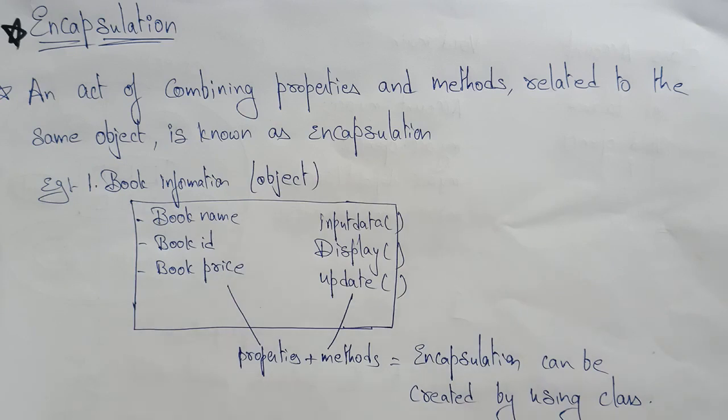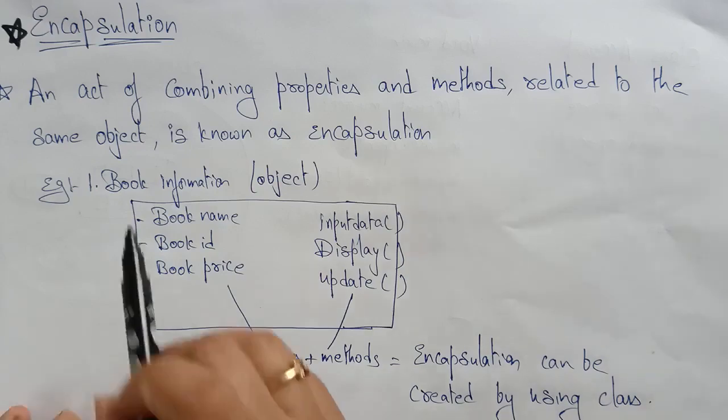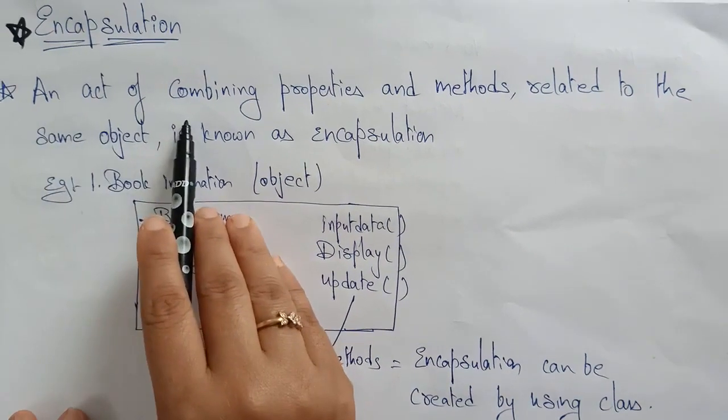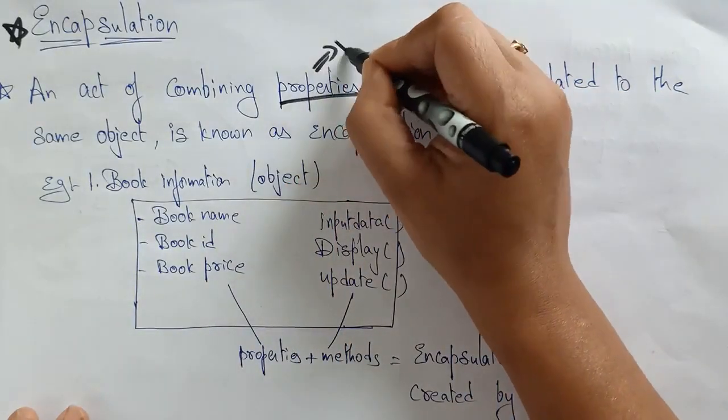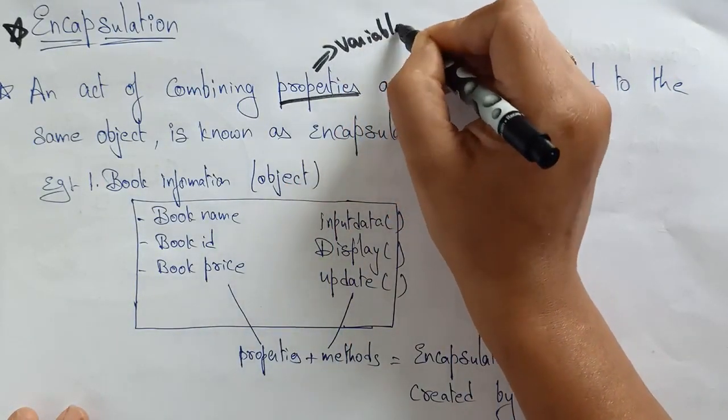So now let's see what is this encapsulation. Encapsulation means, as the name itself says, that we are closing some information and combining some information. Encapsulation is an act of combining properties. The properties are nothing but the variables or the data members.